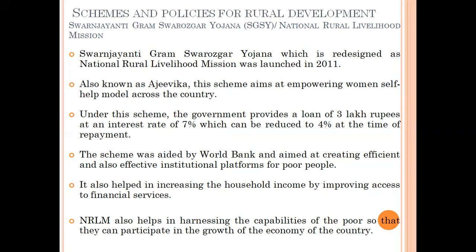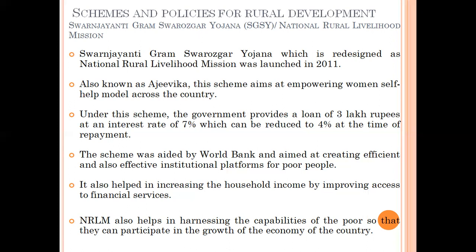And this scheme was aided by World Bank and aimed at creating efficient and also effective institutional platforms for the rural people. It also helps in increasing the household income by improving access to the financial services. And National Rural Livelihood Mission also helps in harnessing the capabilities of the rural people so that they can participate in the growth of the economy of the country.